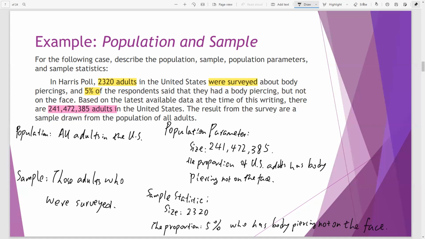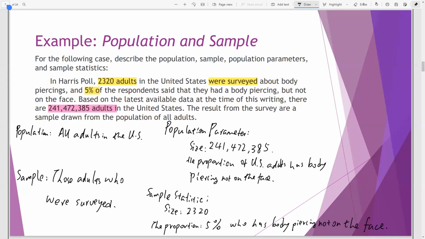So that is the sample statistic. The 5% is the sample proportion, the proportion who have body piercing not on the face, from the sample.